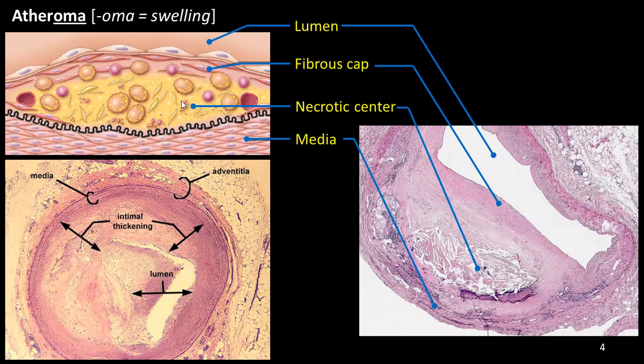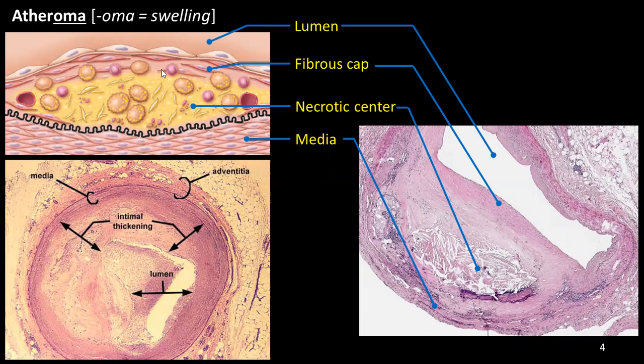So this is the atheromatous plaque we're talking about. The plaque contains a necrotic center, which contains some foamy macrophages, fibroblasts, some cholesterol crystals, some leukocytes, and some vascular proliferation here and there, mostly at the two endpoints, and also some smooth muscle cells.